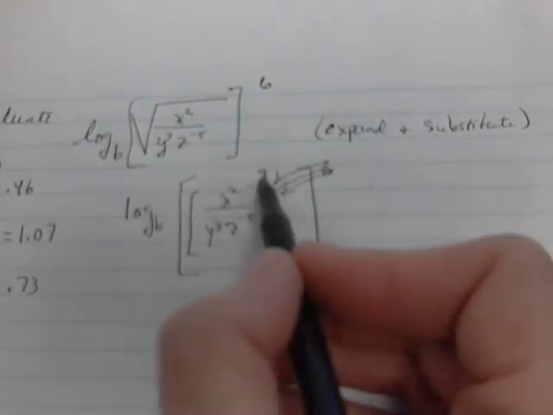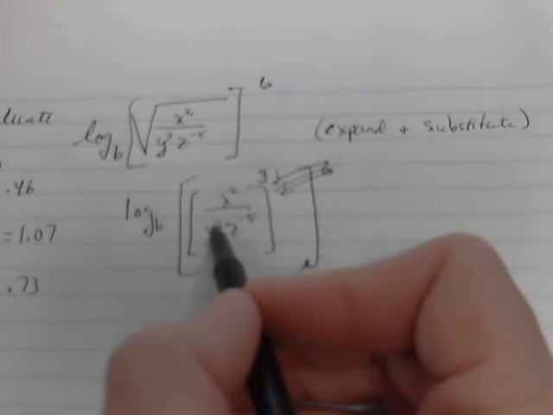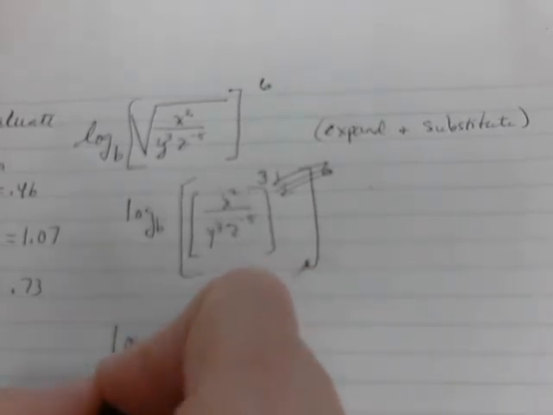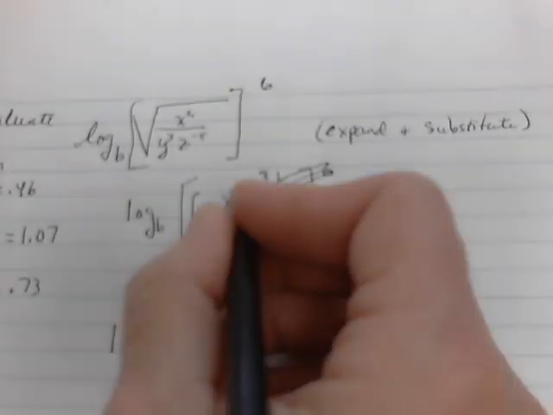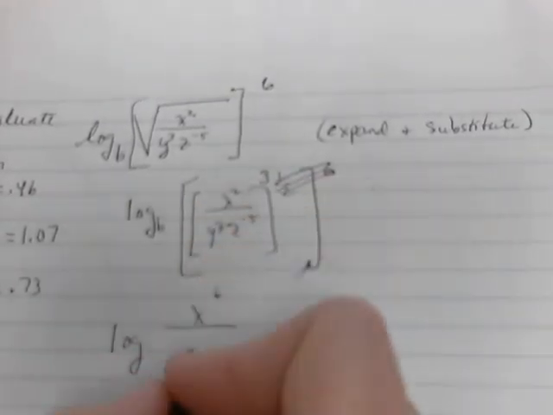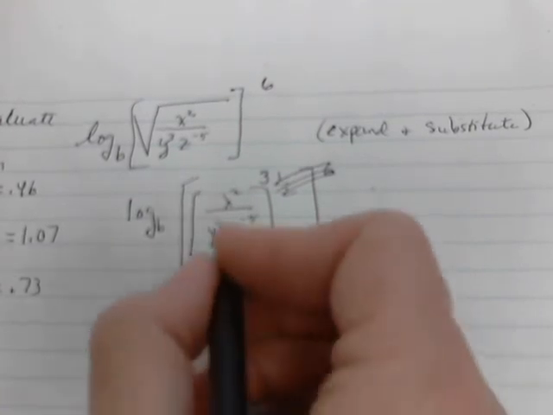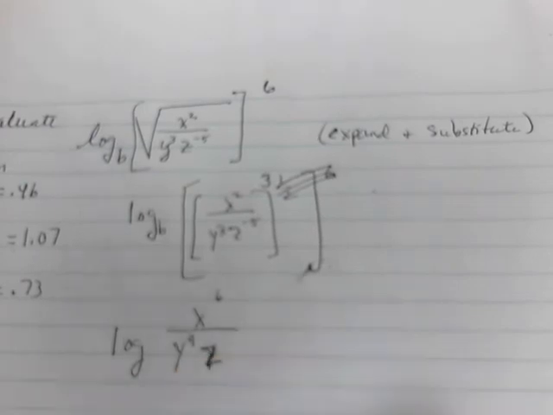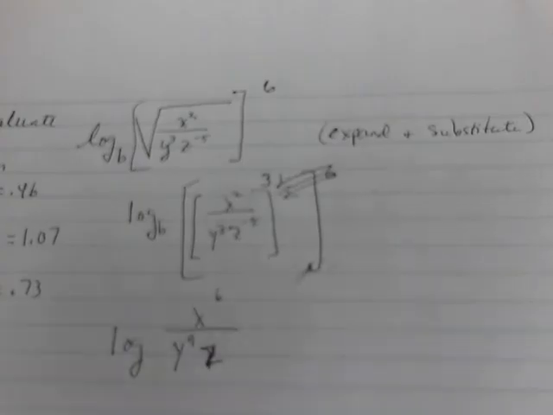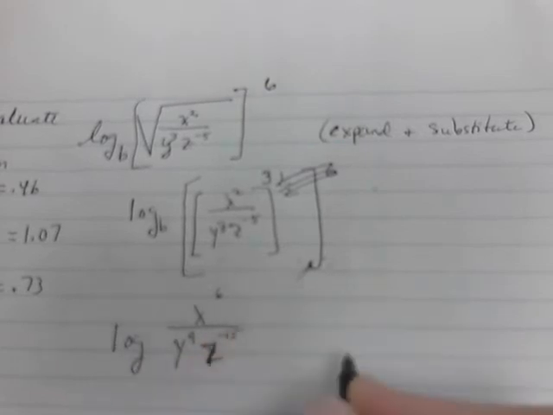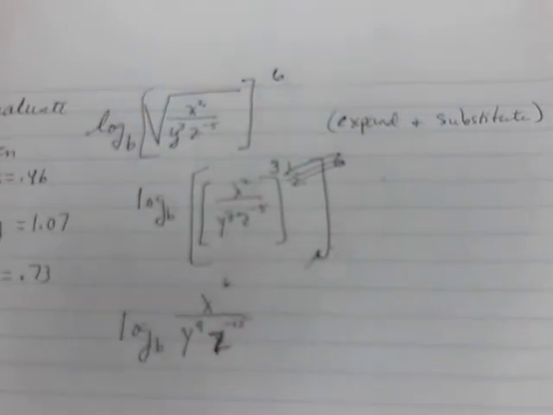My next rule of exponents says that I'm going to multiply each one of those exponents by 3. So this becomes the log of x squared to the 3rd power is x to the 6, y cubed cubed is y to the ninth, and z to the negative fifth. Whoops, that's a z. z to the negative fifth, raised up to the third power, z to the negative 15th. That's log base b.